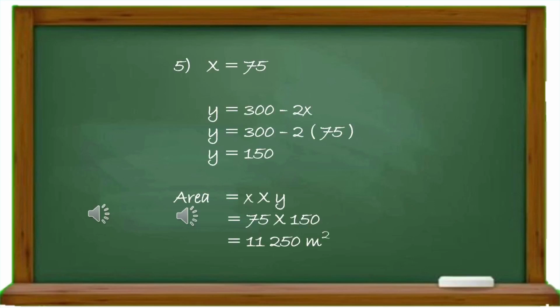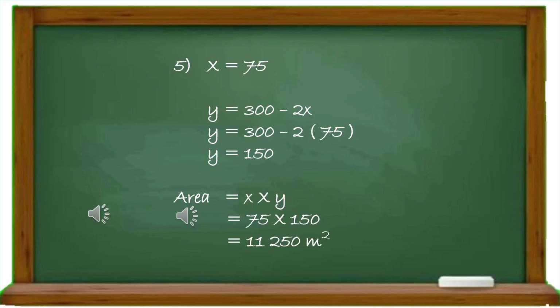Just now, Putri has explained how to determine the value of x. As you guys see from the slide above, x is the width and y is the length. So now we continue to find y, which is the length of the rectangular area. First, we can see from the given equation, y is equal to 300 minus 2x.